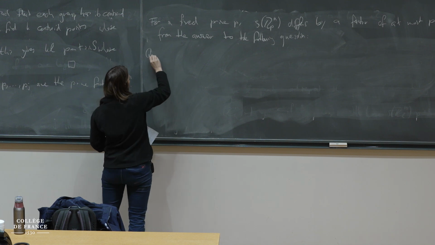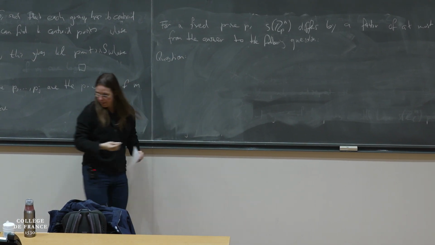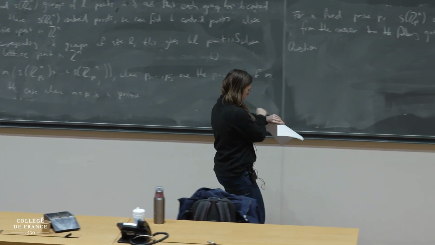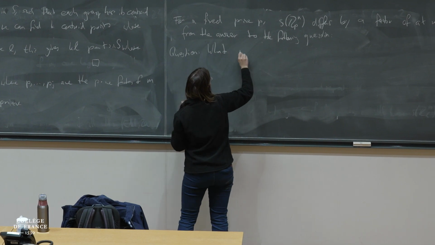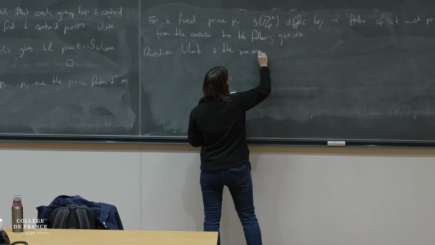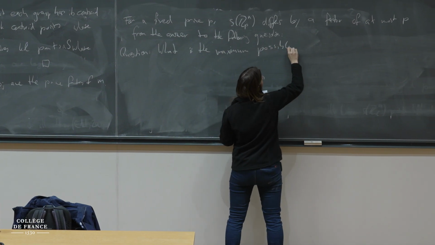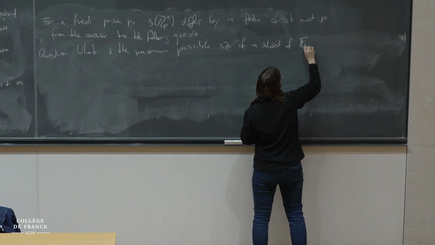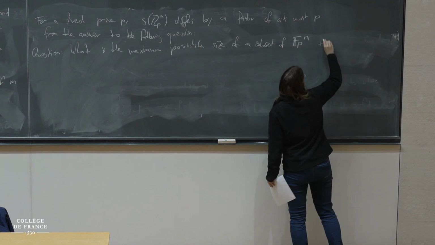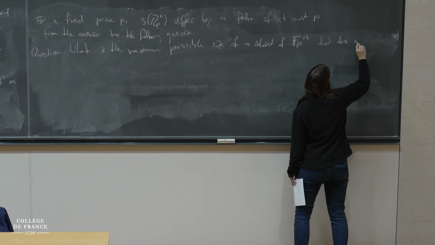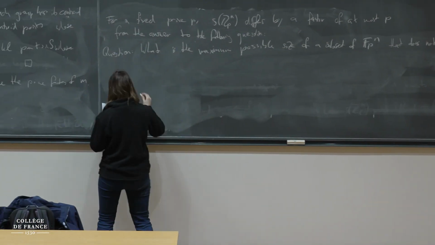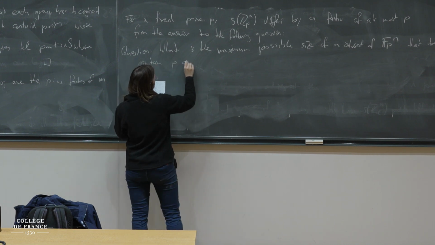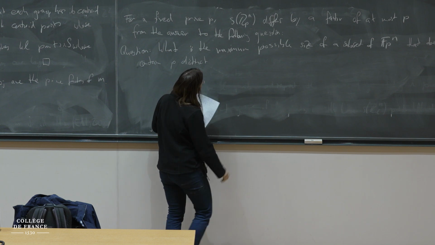Okay, and so the question is this: what is the maximum possible size of a subset of Fp to the n that does not contain p distinct elements summing to 0?